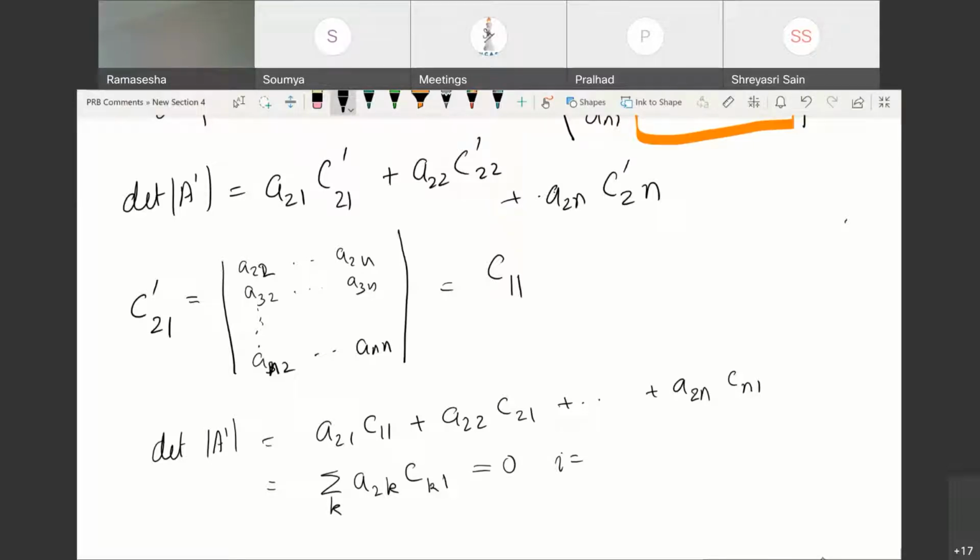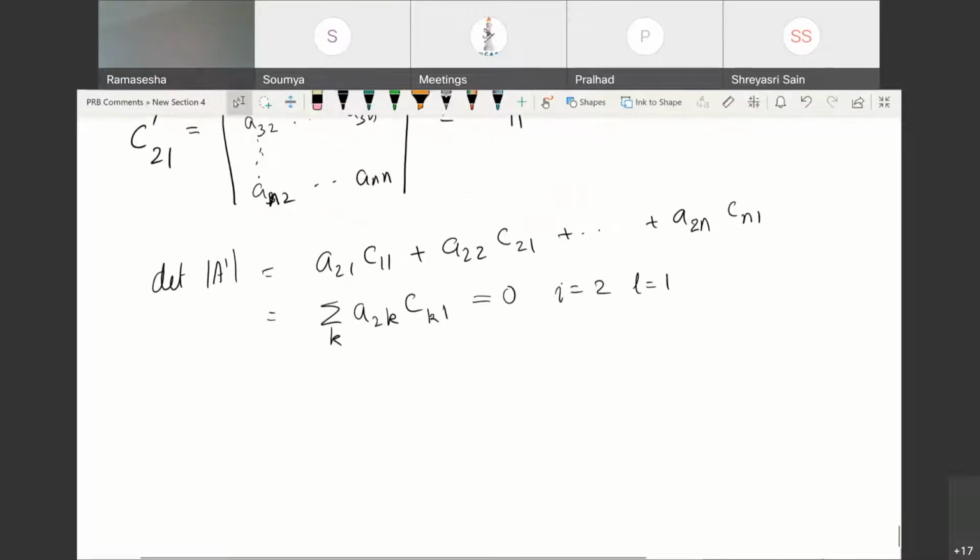Whenever I have this particular case like sigma over K of AIK CKL, then it implies that the ith row and lth row are identical.